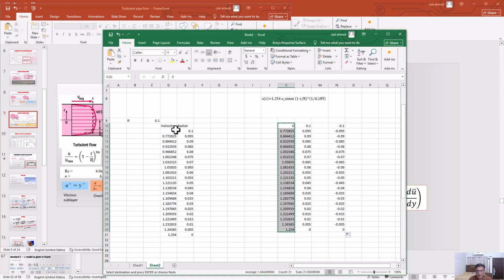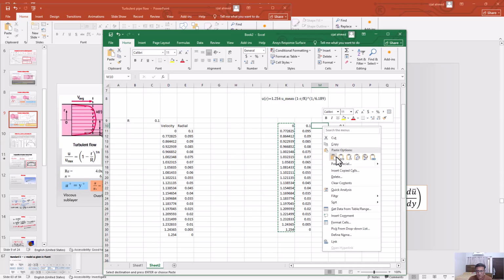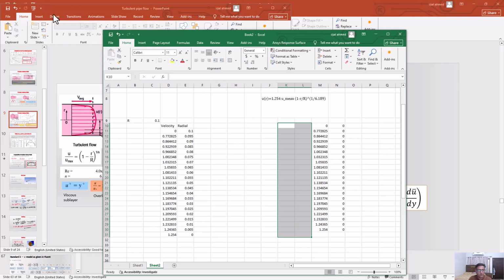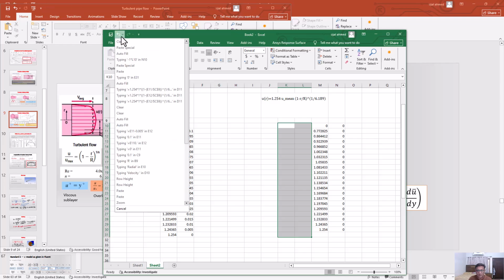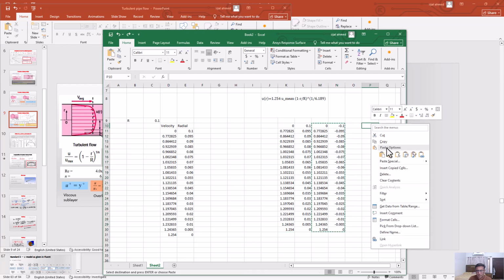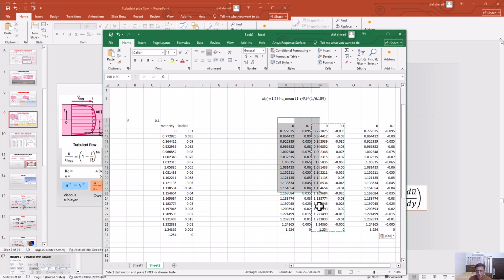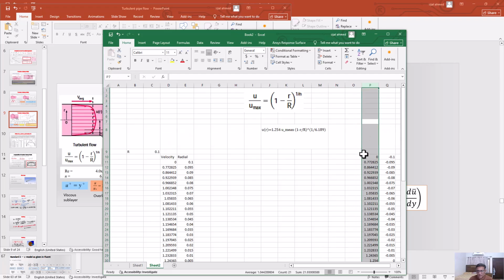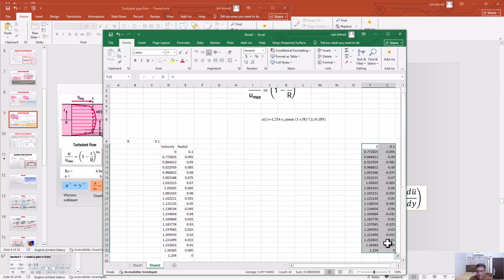So the 0 will be at the point plus 0.1, and also at the point minus 0.1. Paste the values here. Sorry, you have to copy them again, and this time paste just the values, simply the numbers here, that's all. Now you can delete these from here and take out these values in the top column.